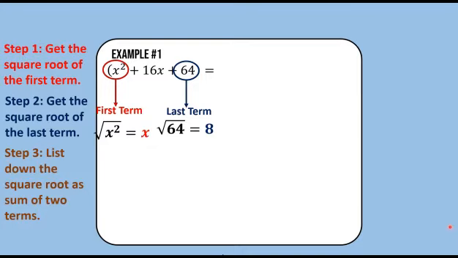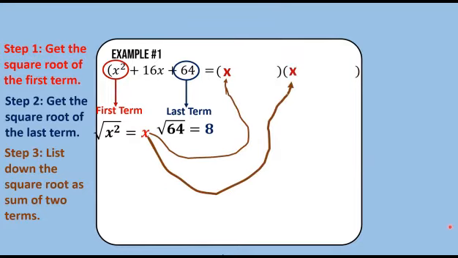Before we list down the two square roots, let's first make two open and close parentheses. Now first, let's distribute x to both parentheses. First goes here, and the second x goes here. Next is to distribute the last term, which is 8.